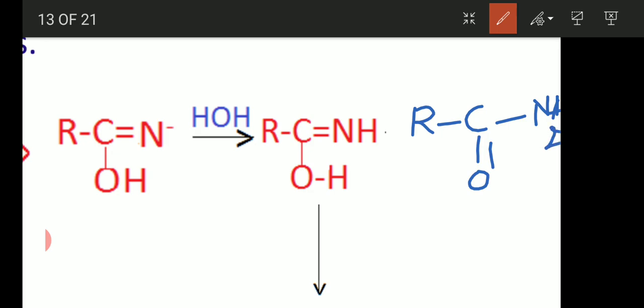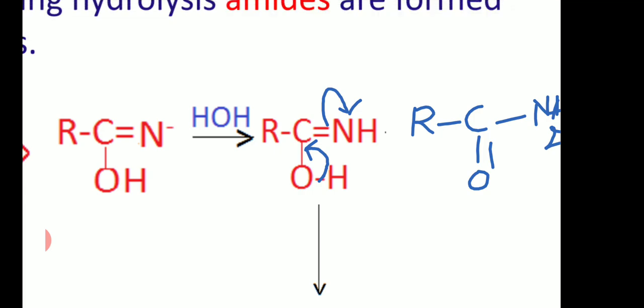Already NH is present, it is becoming NH2. So this bond is rearranging here and this bond is going to nitrogen. N gets minus, H will lose its bond, and H plus and N minus will form one more bond to form NH2, and the new compound is like this.